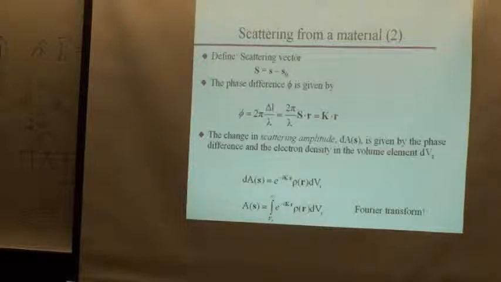Will also be related to the electron density, right? Where are our atoms? What are the separations between them? And we need to look at a volume element over which we want to see the scattering change. And of course this d means if we want to get to the scattering amplitude itself, we need to integrate. And this is the prime signature of what we call a Fourier transform. Okay?